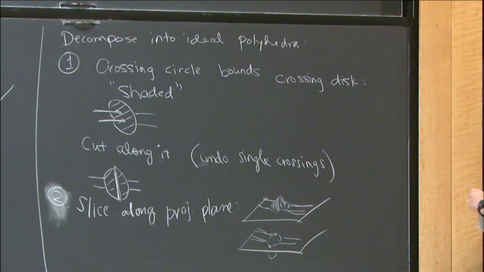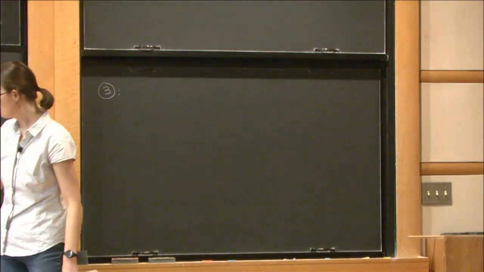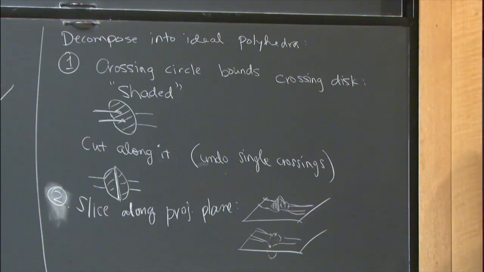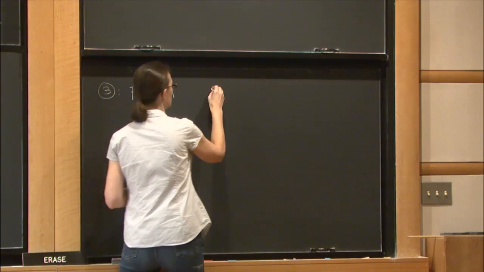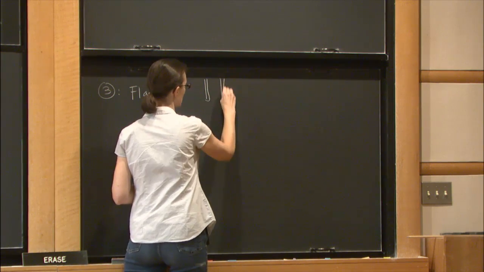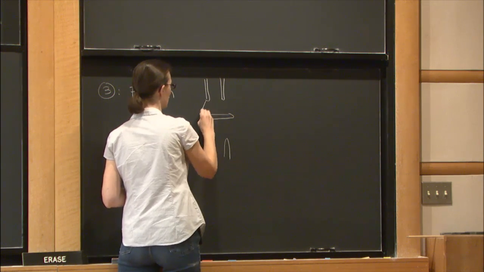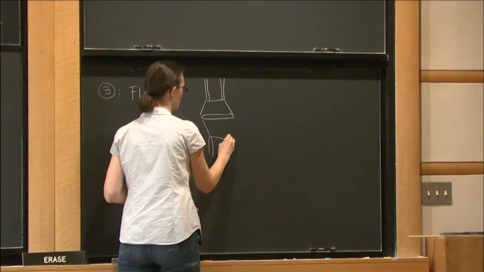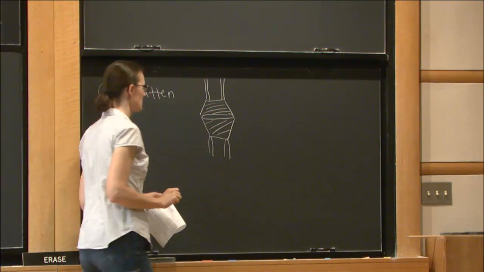Okay, step 3. Let's flatten things that look like this. So your crossing circles become something like this.